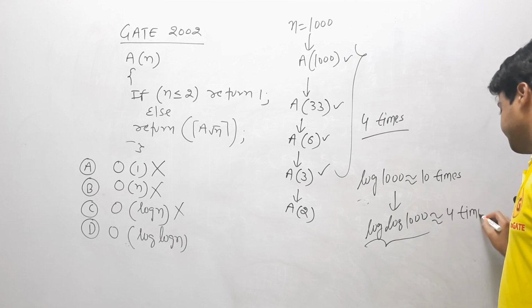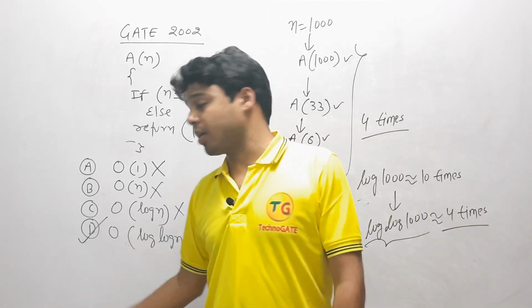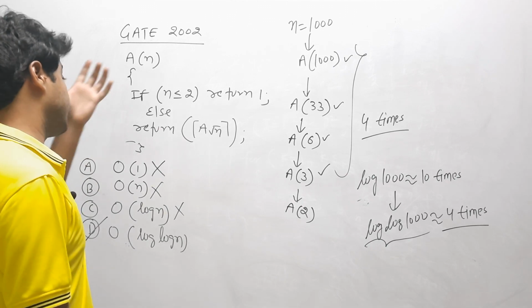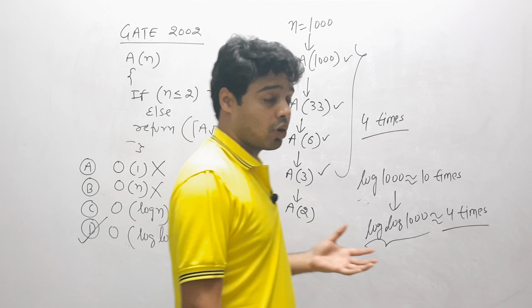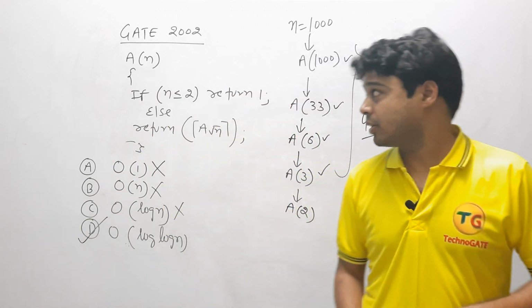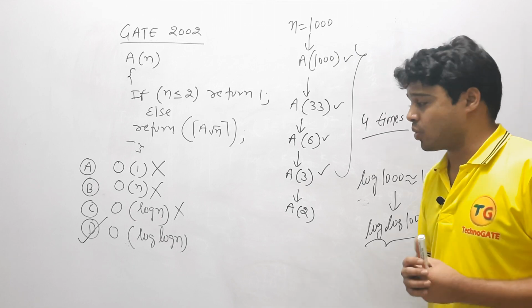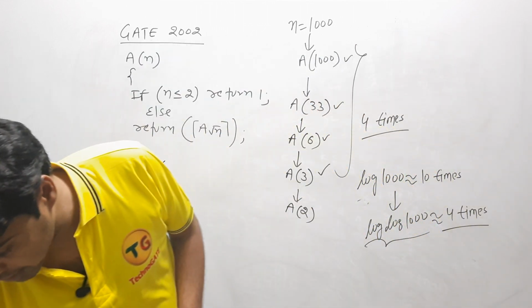So the time complexity is order of log log n. Through any counter example, we can decide the time complexity of the particular program. So this is a GATE 2002 problem, and the actual answer is D.